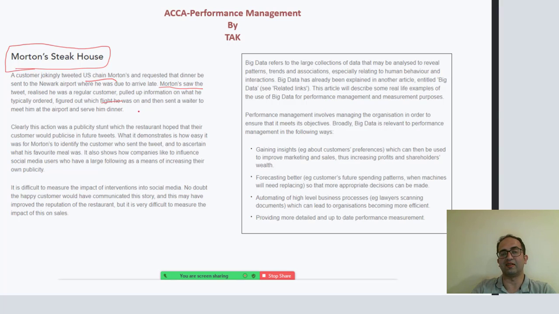He was sitting in the waiting area of the airport, and he joked that they should send him a dinner in the waiting area. He tagged the owner in that tweet.